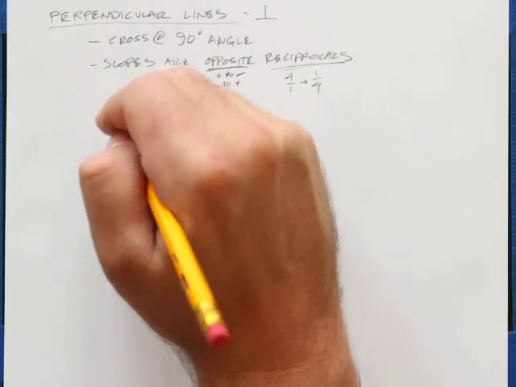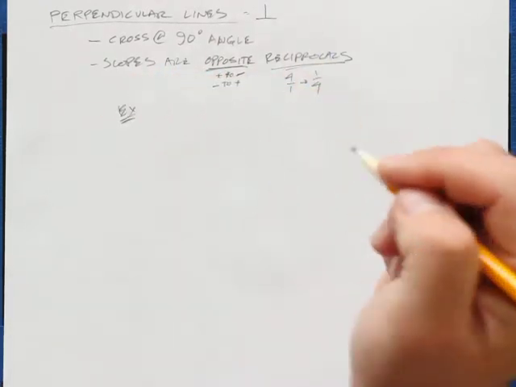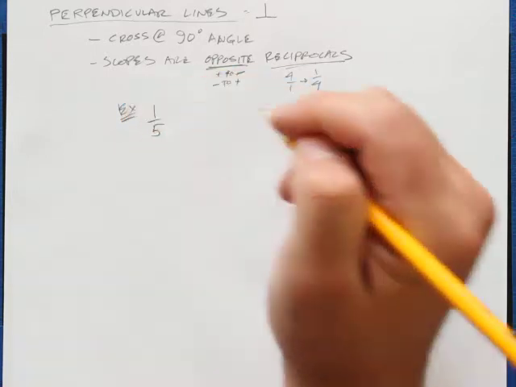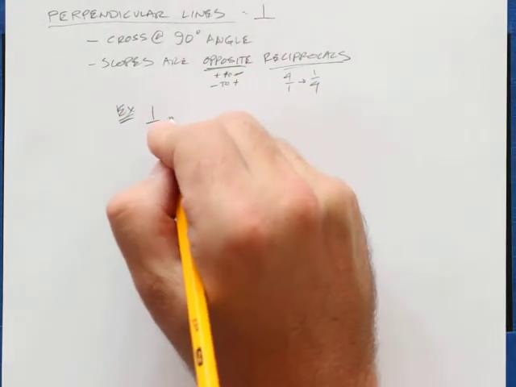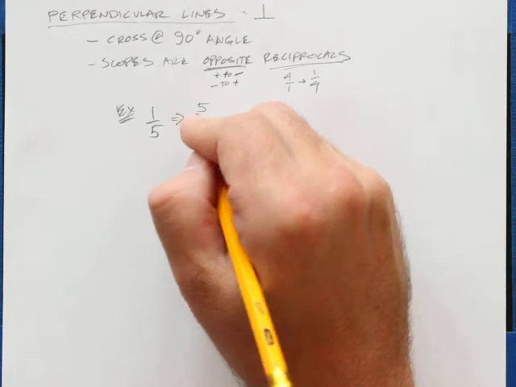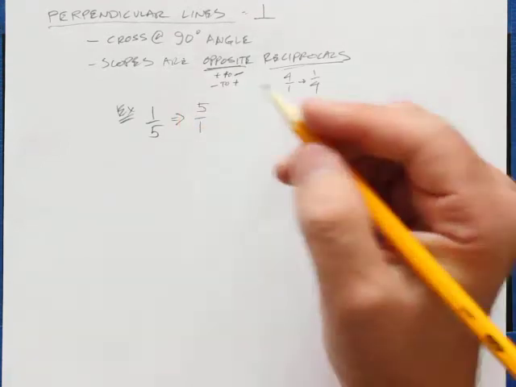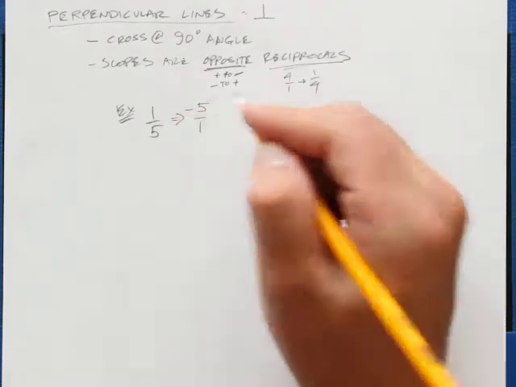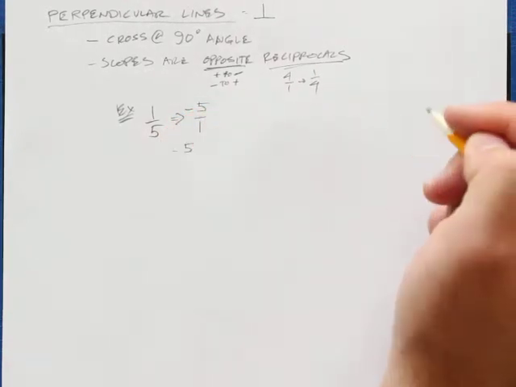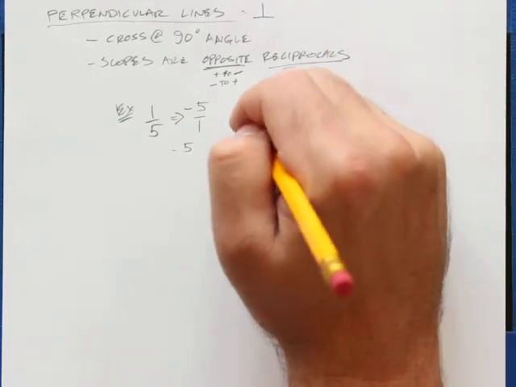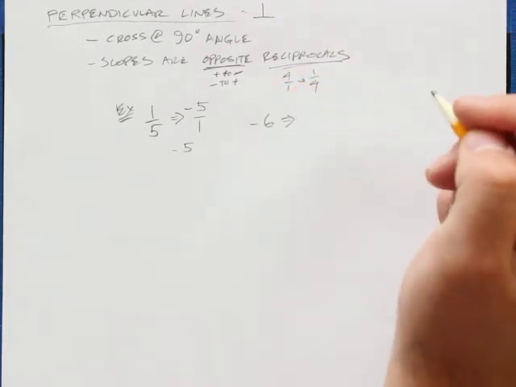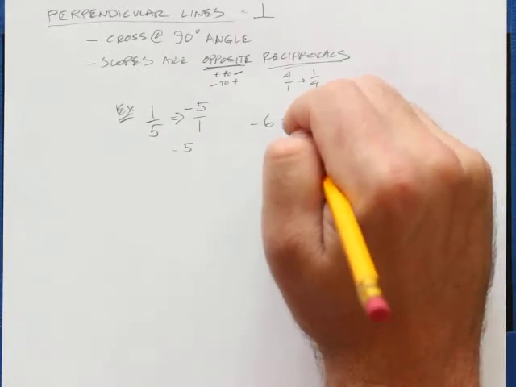So let's do some examples. Let's do 1/5. The opposite reciprocal of 1/5 is 5/1, but I need to change it from positive to negative, so negative 5/1, which is just negative 5. Let's try negative 6. The opposite reciprocal of negative 6 is 1/6.